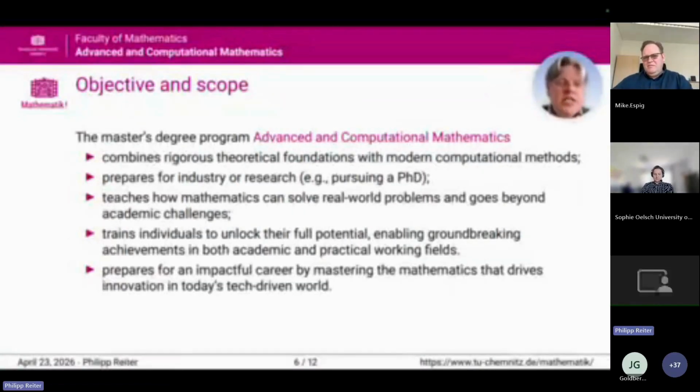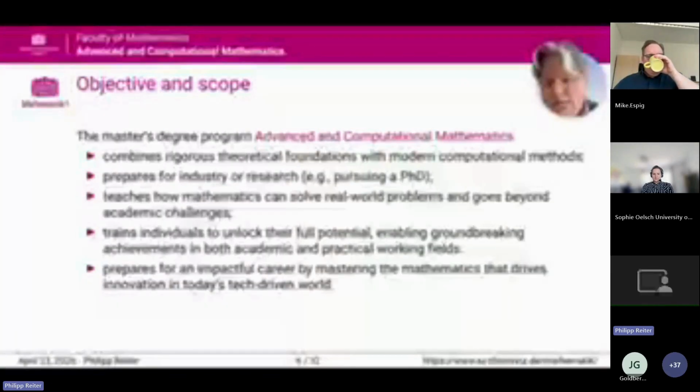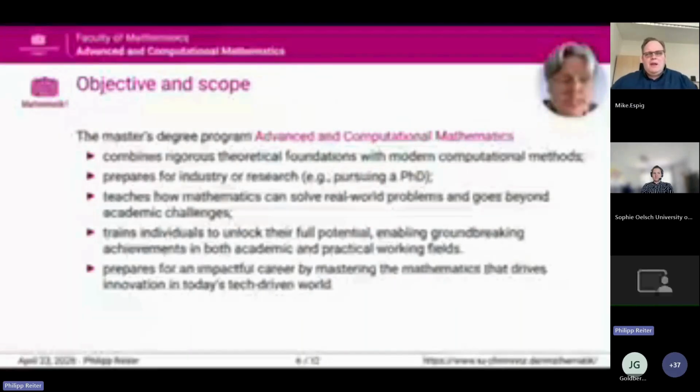And the foundation for this is certainly mathematics, which is, as I said earlier, the actual fundament behind all new scientific innovation.